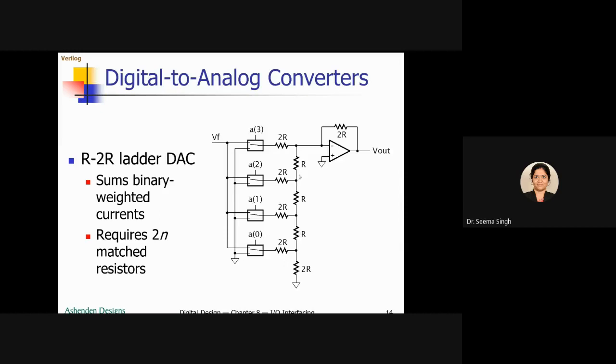If it is all 111, you will get a higher voltage here. If it is based upon lesser values, you will get a lesser voltage here because the connection is connected to ground in that case, and then you get a lesser voltage at the output. So this is how R to 2R ladder is used.